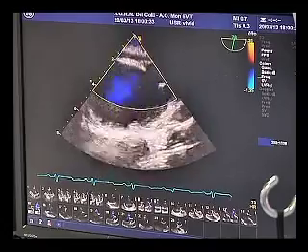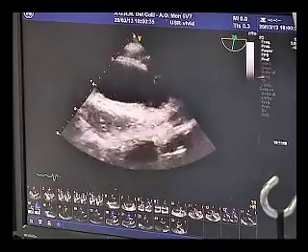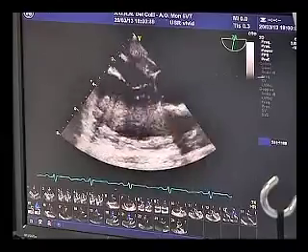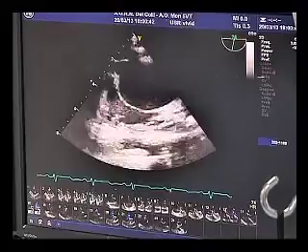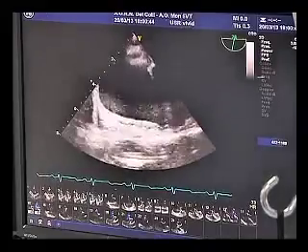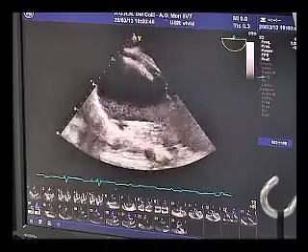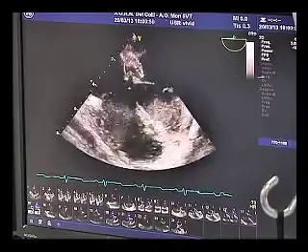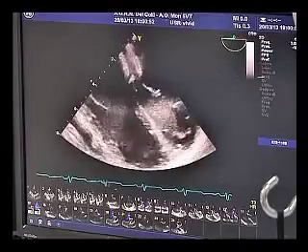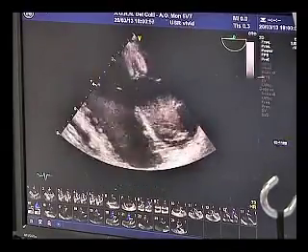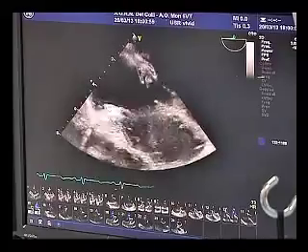I think you were right. Let's check the other part. It seems good, don't you think? Yeah, it looks very good, yes. That's very good. Is it possible to have a final angiography?